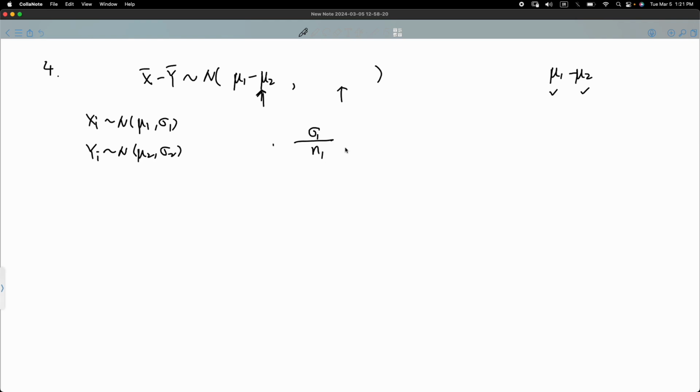So the variance of this difference should be sigma1 squared over n1 plus sigma2 squared over n2. Okay, so maybe just write down this. I think I showed this one when we worked on some previous homework problems. Okay, so that is the variance of this difference. But any questions regarding up to this point?